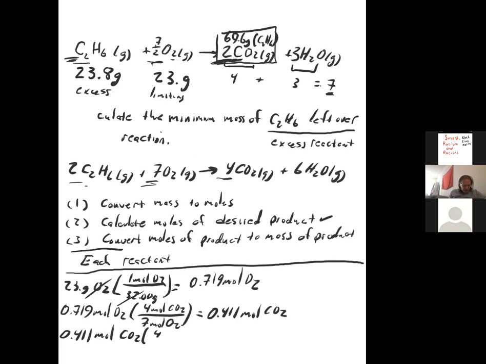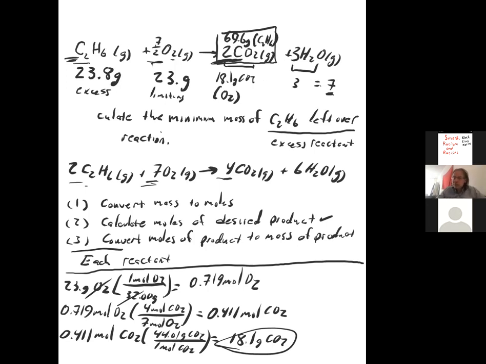So it's 44.01 grams of CO2 per mole. So that's 18.1 grams of CO2. So now I'm going to write this down over here: 18.1 grams of CO2 from the O2.